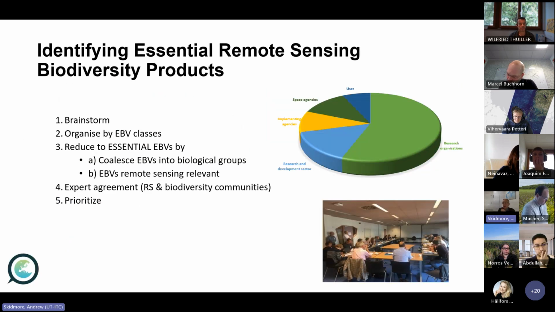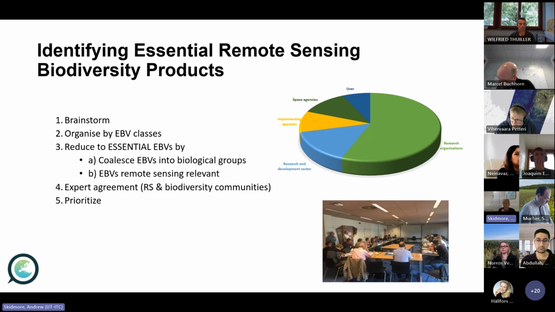So a number of colleagues on this call came together and we brainstormed about trying to identify essential remote sensing biodiversity products. We basically had about 2 meetings with about 40 people at each meeting and reduced the number of essential EBVs and then looked at which remote sensing products were relevant.